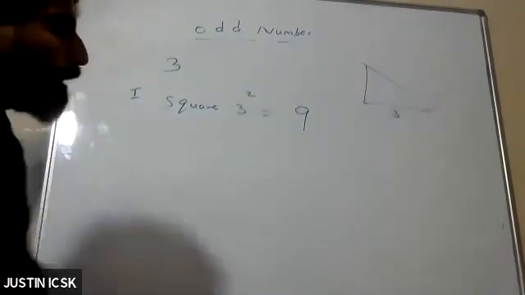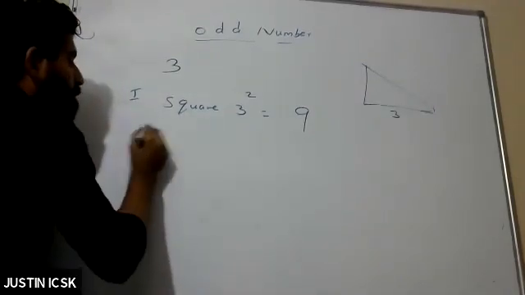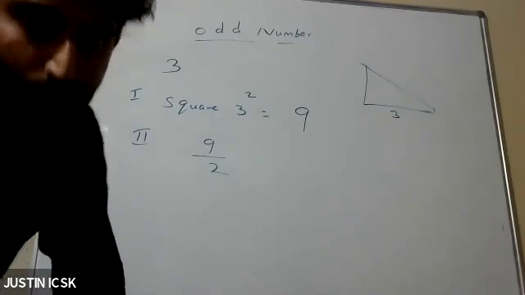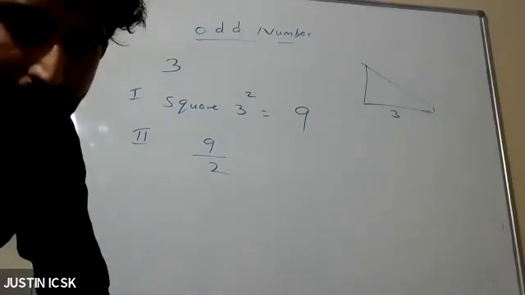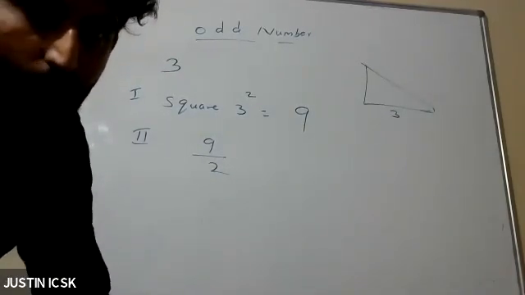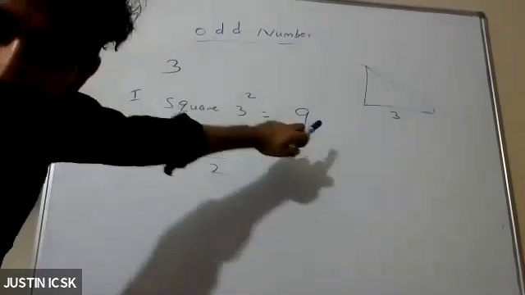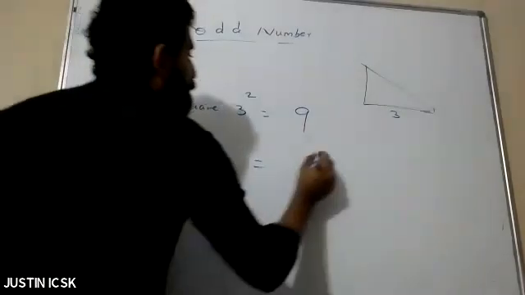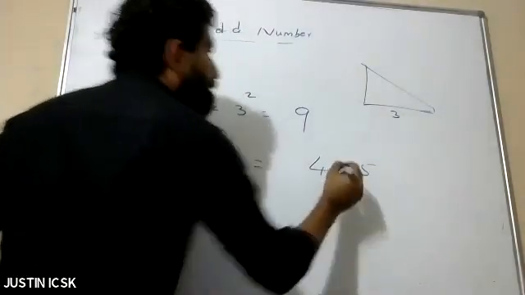Then what you do? Second step, 9 by 2 you have to do. If it is an odd number, just square it, then divide by 2. Now what is 9 by 2? 4.5.